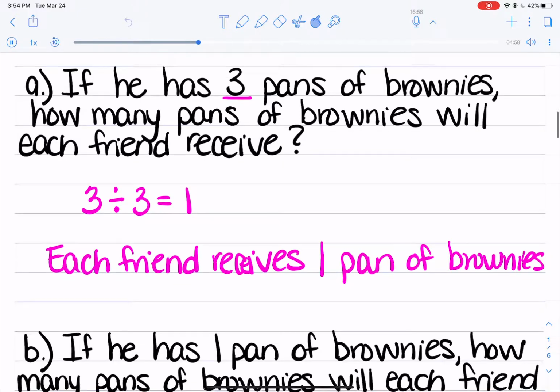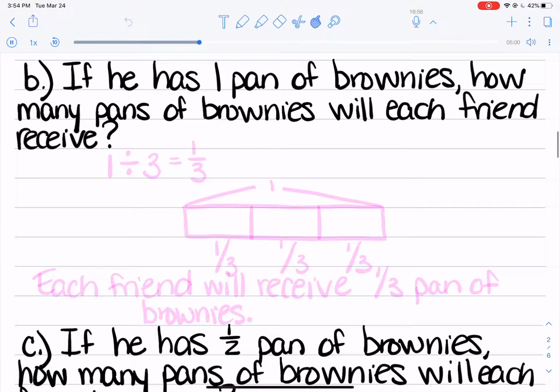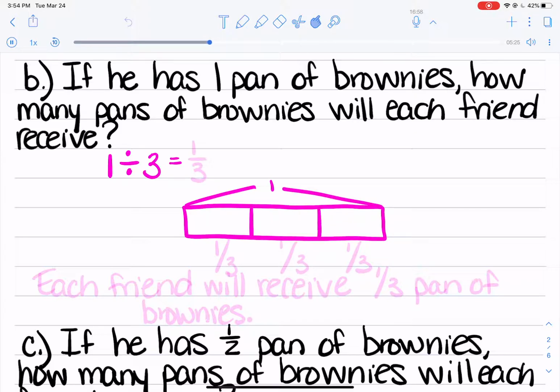So if he has 1 pan of brownies, how many will each friend receive? So he has 1, and he needs to divide it by his 3 friends. So we know, and just do this mentally, if he has 1 pan and he gives each one to each one of his friends, they're each going to receive 1/3.